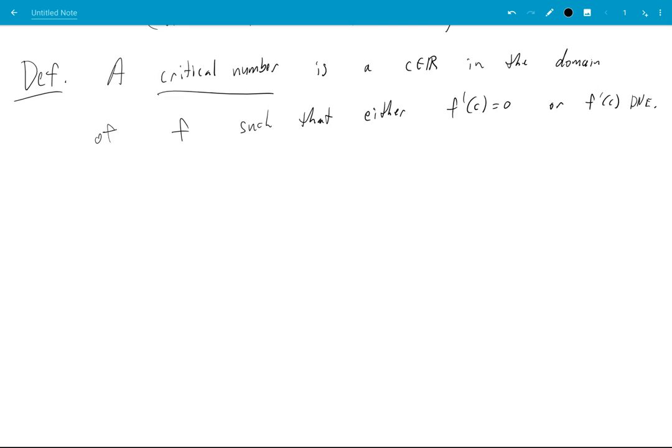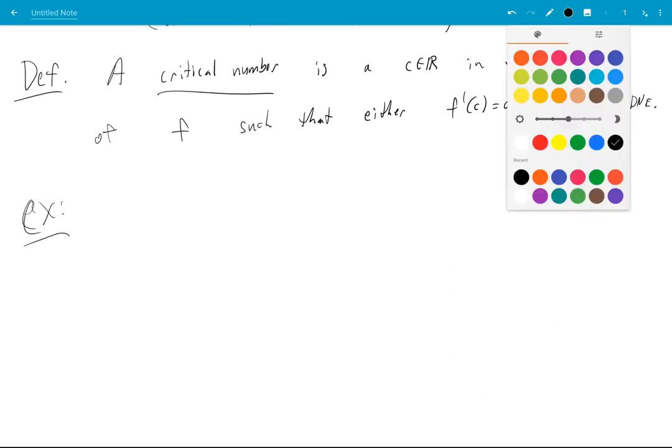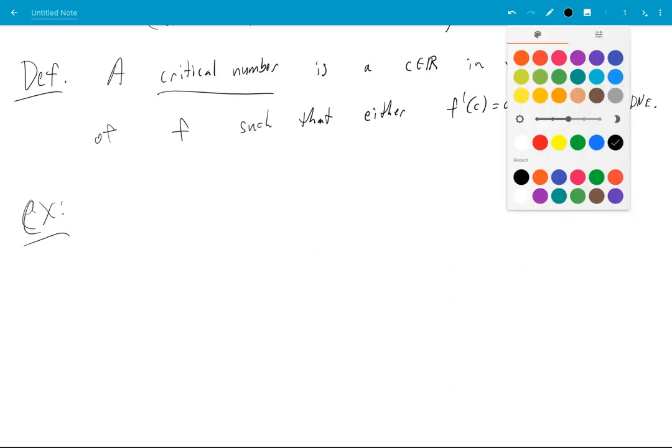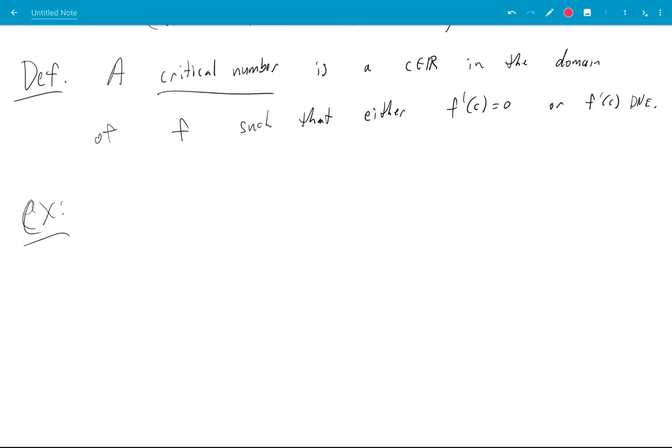So critical number. So let's do an example to illuminate here. One of two places: it's when f prime is 0 or f prime does not exist. So 80% of the time, most critical numbers, I want to say, in a standard Cal 1 scenario, are going to fall under this category.